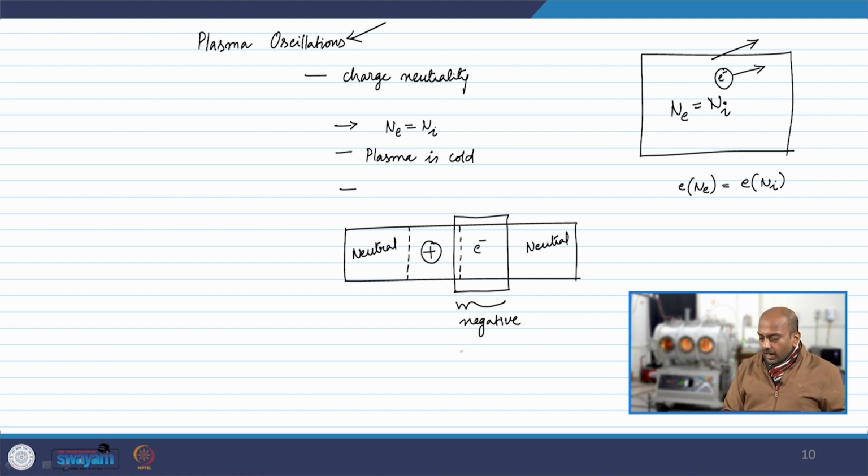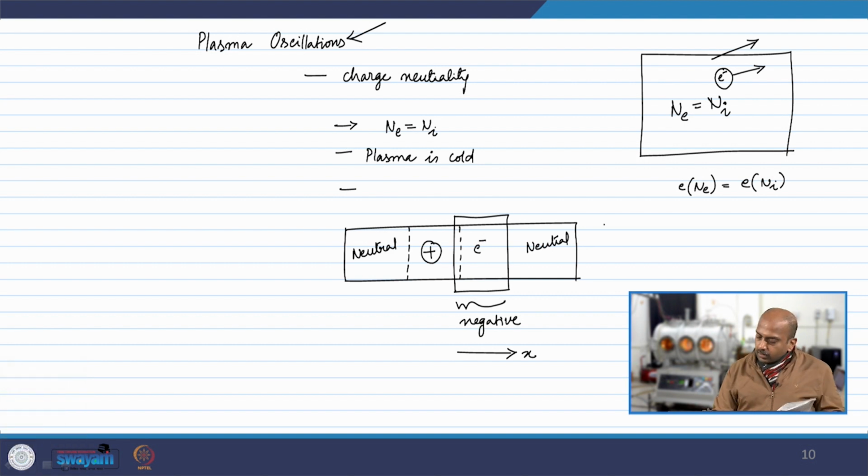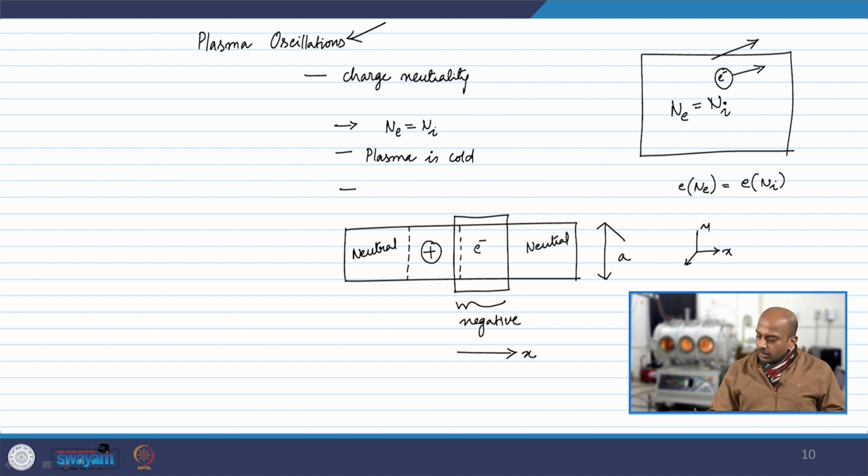Let us denote the direction as the x direction, and let us call the thickness of this strip A. The directions are denoted like this: x, y.